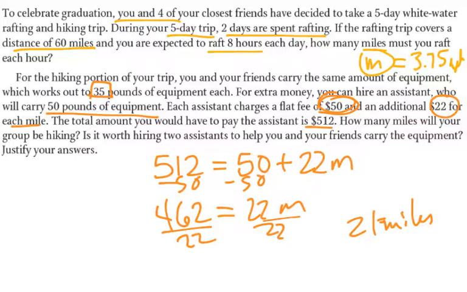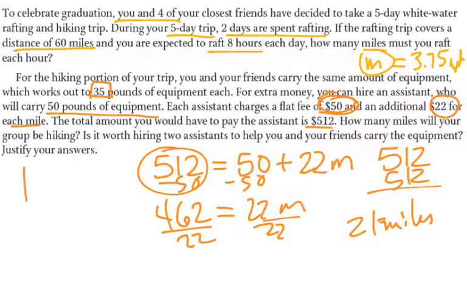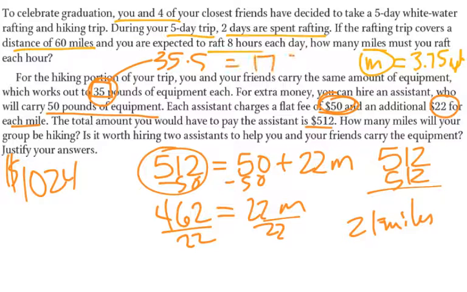Okay. So, is it worth hiring 2 assistants to help you and your friend carry the equipment? Okay. So, we would have to end up paying $512 twice, right? So $1,024. Total equipment we have is 35 times 5, which is 175.